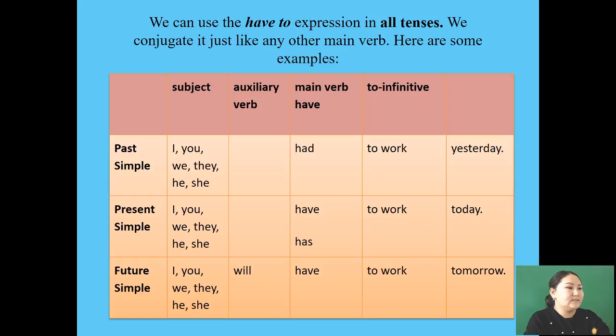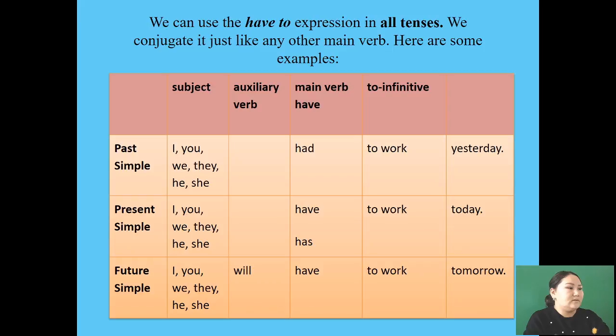In past simple, the main verb have changes to had, and the subjects I, you, we, they, he, she use it with had. I had to work yesterday. You had to work yesterday.